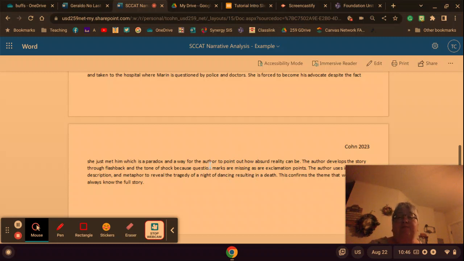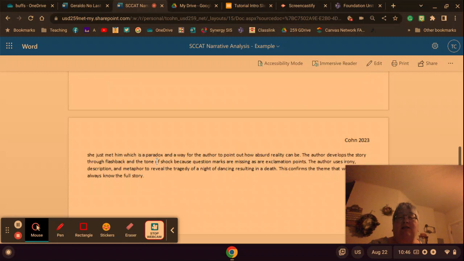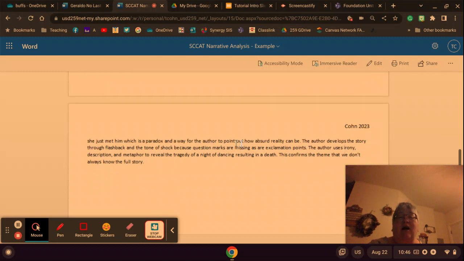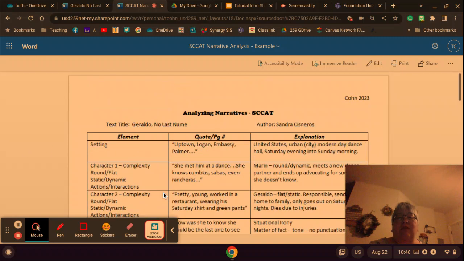So, using paradox and a comment on how absurd reality can be, using flashback and the tone of shock, and using irony and description. Okay, so that is what makes this analysis. You tell me how the author does it. How does the author develop the story? Okay, so this is how you would use SCAT to analyze a text.